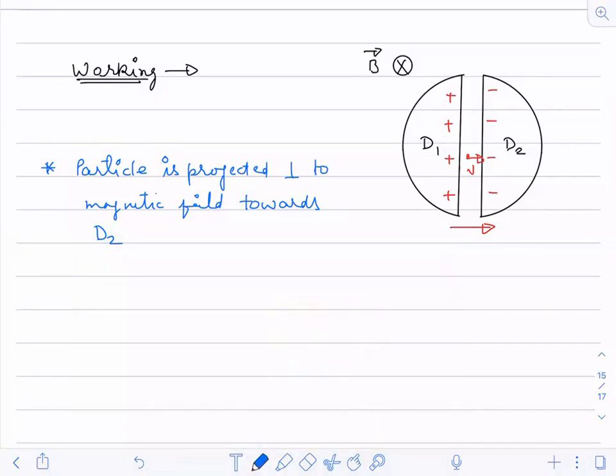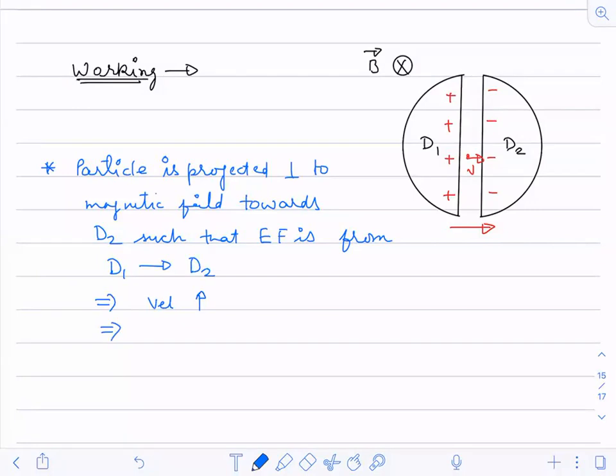And while doing this, you have to set up an electric field such that D2 is negative and D1 is positive, such that the electric field is from D1 to D2. Then only velocity increases.